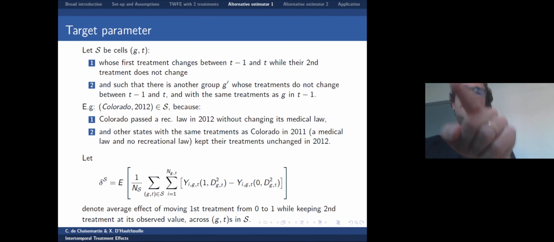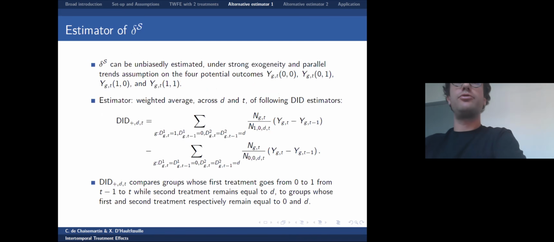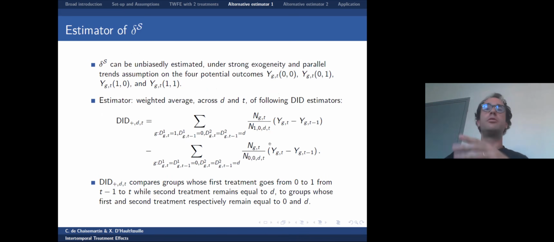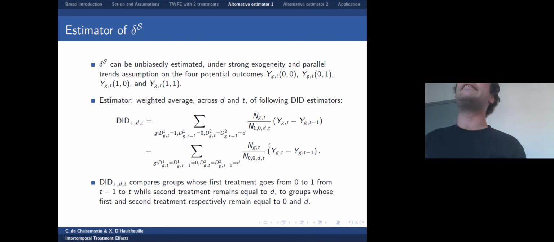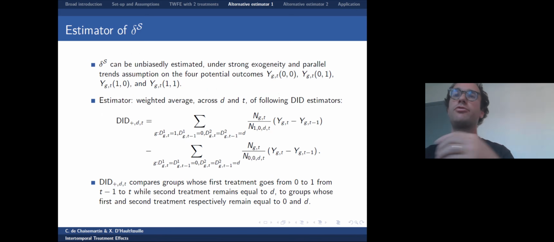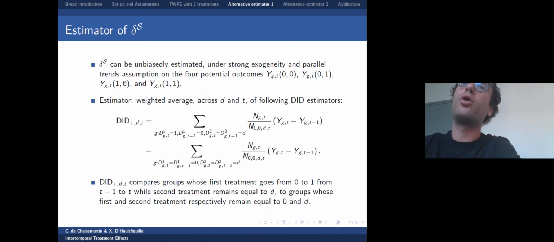So this parameter, we're going to be able to estimate it under the same strong exogeneity and parallel trends conditions that I introduced earlier, but we need to make those conditions on the 4 potential outcomes. And our estimator is going to be a weighted average across D and T of DID estimators of this type.